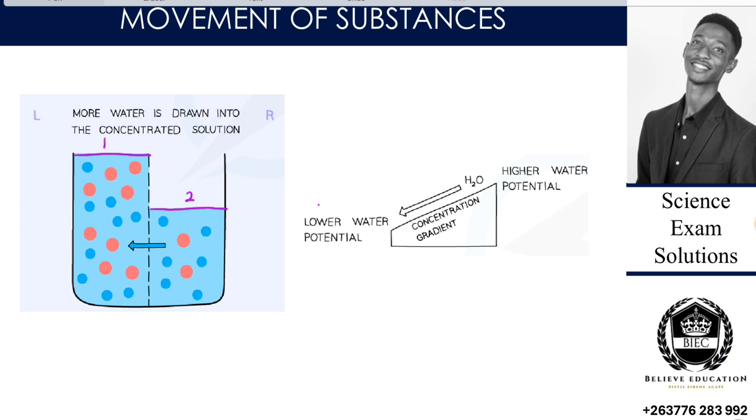A dilute concentration has a little solute in the solution, then highly concentrated has a lot of solute in the solution. So as we can see with these two parts, on this side imagine 1, 2, 3, 4, 5, 6, 7, 8.